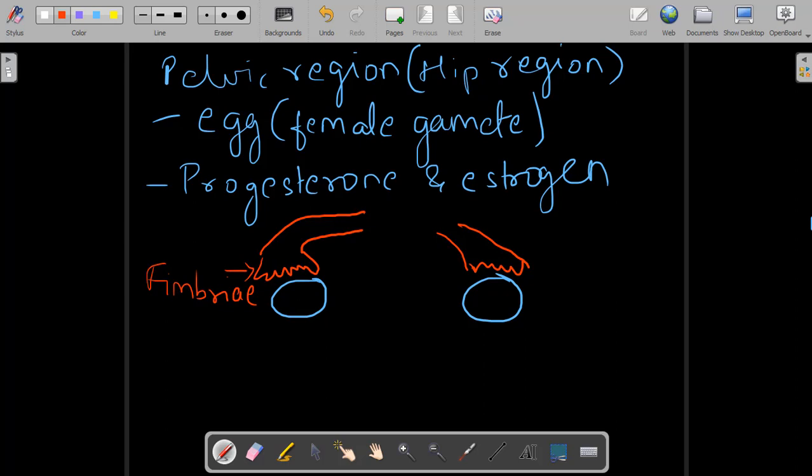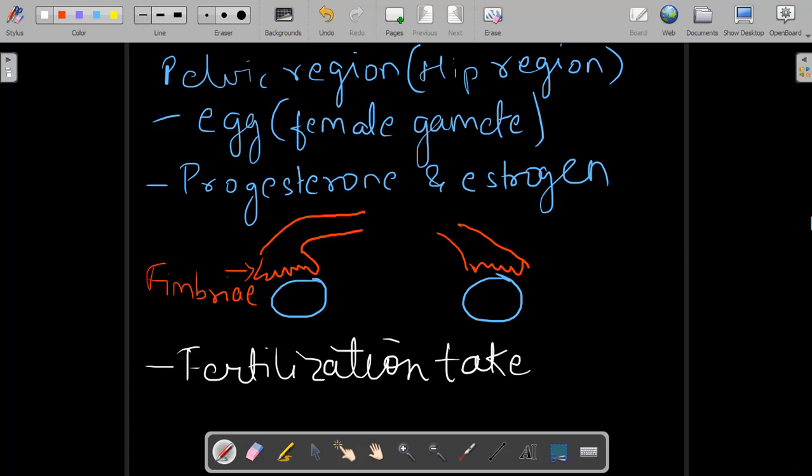The fallopian tube is a tube-like structure connecting your ovaries to the uterus. One more interesting thing you have to remember about the fallopian tube is that it is the place where fertilization takes place in human beings. Please note this as an important point: fertilization takes place in the fallopian tube.